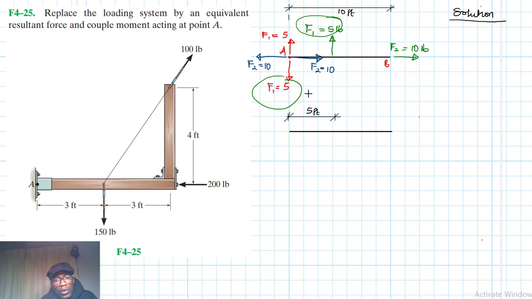We are going to have a couple moment due to this 5 and the other 5 in the opposite direction, right? A couple moment, and we want that couple moment to be rewritten at A, because we know a couple moment is a free moment, a free vector.